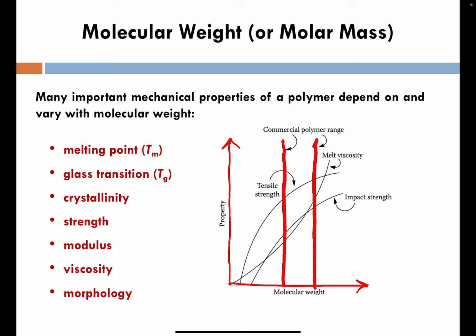But outside of those commercial materials, more unique properties or even lower metrics for those same properties can be found. So considering, for example, tensile strength, you can see here that starts very, very low for low molecular weight materials and builds almost to a plateau level here for very, very high molecular weight materials.